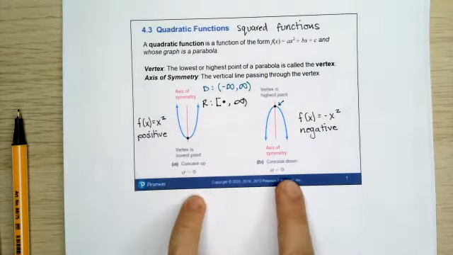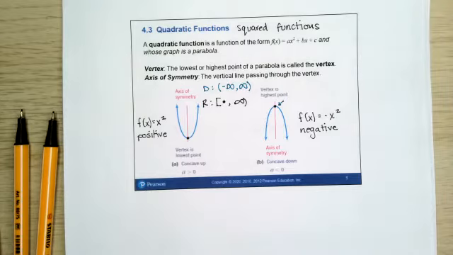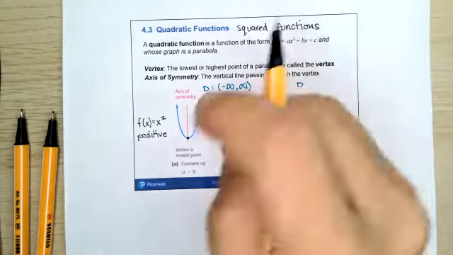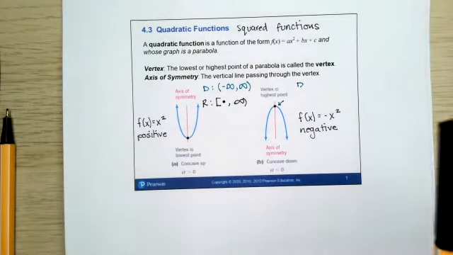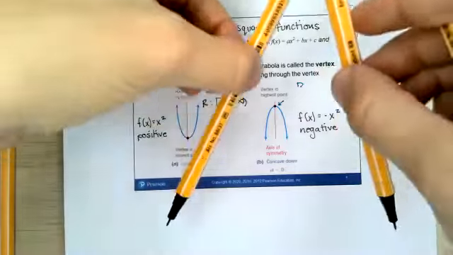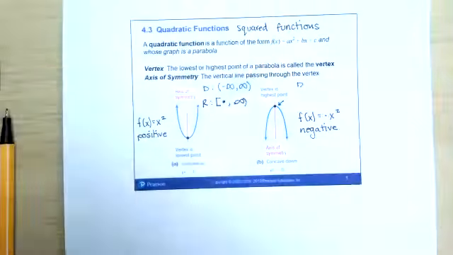And then if we compare that to a negative quadratic function, same domain, because even though they're pointing in the negative direction on the y-axis, on the x-axis, they're still going both directions forever, right?